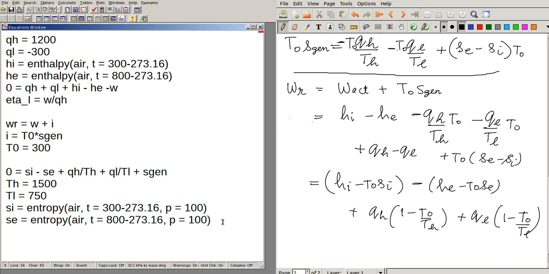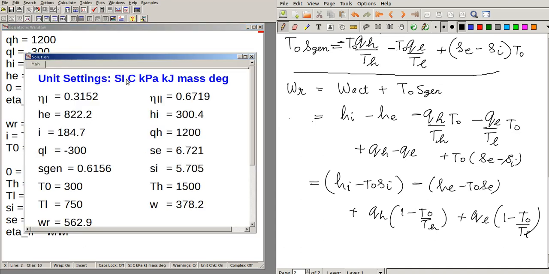So then we also have the irreversibility and W reversible. So the eta second law should now be equal to W by W reversible. Let's see what the value is. It comes out to be 0.6719.